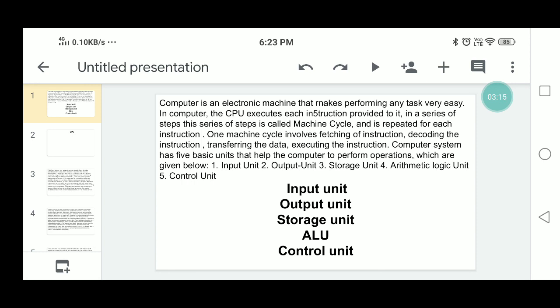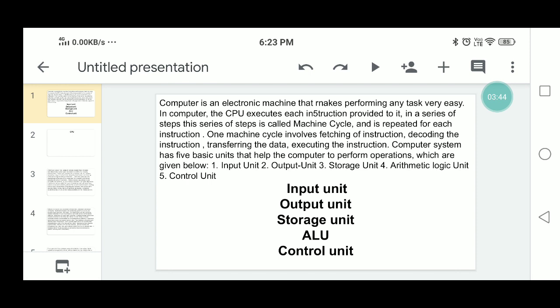What functions does the input unit perform? It accepts or reads the list of data and instructions from the user and converts these data and instructions into computer acceptable form. Then it supplies the converted data and instructions to the computer system for further processing. This is the information about the input unit.